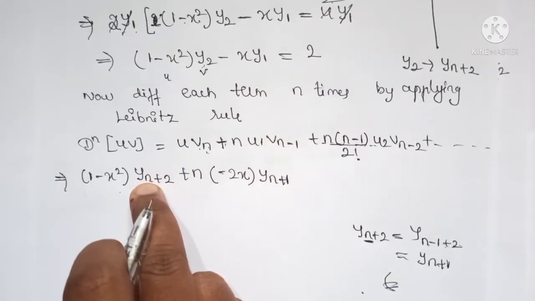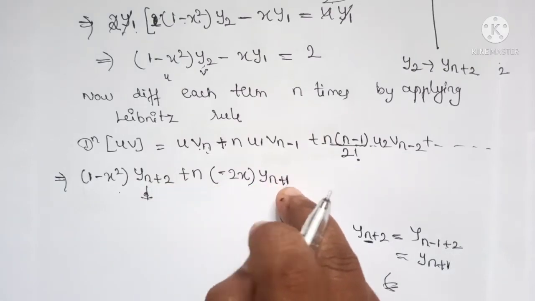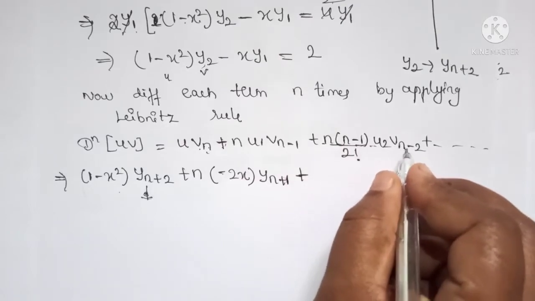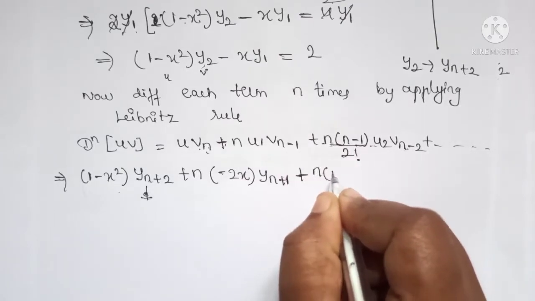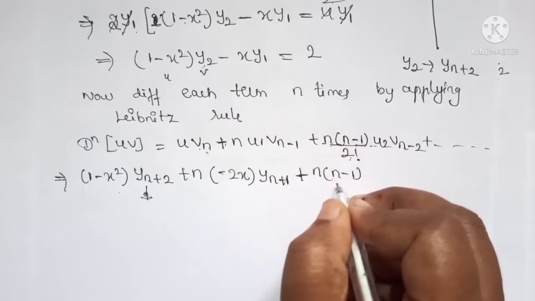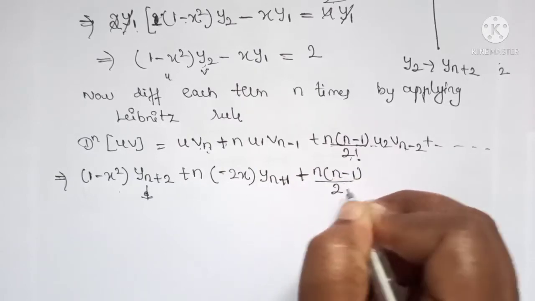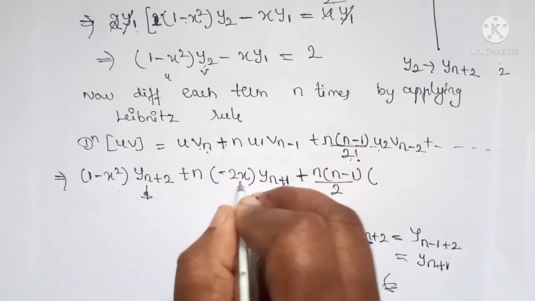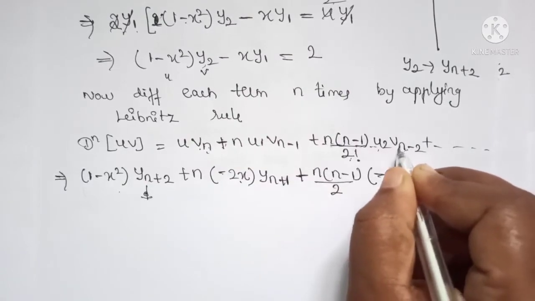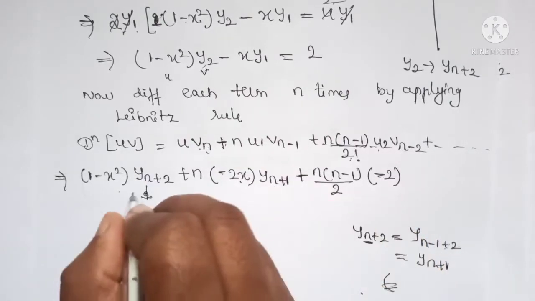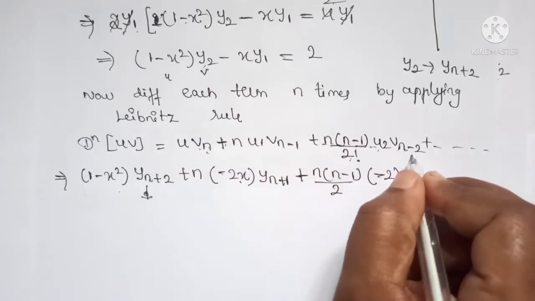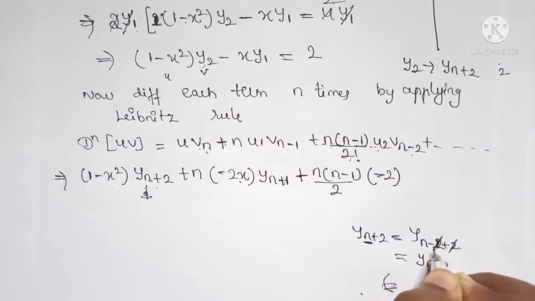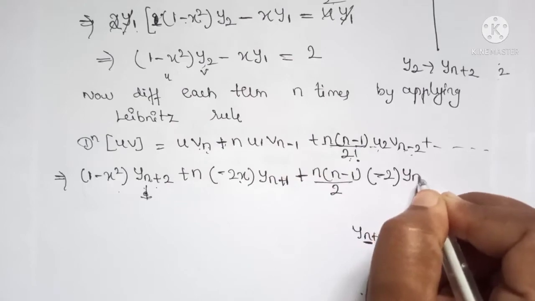So here if I replace this n by n minus 1, we get y_{n+1}. Similarly, first we write this one, n into n minus 1 by 2 factorial. 2 factorial is 2. u2 means again the derivative of this one, minus 2x differentiation is minus 2. v_{n-2} means again we replace n by n minus 2. So replacing n by n minus 2 we get here minus 2 plus 2, minus 2 cancels, we get n. So we get y_n.